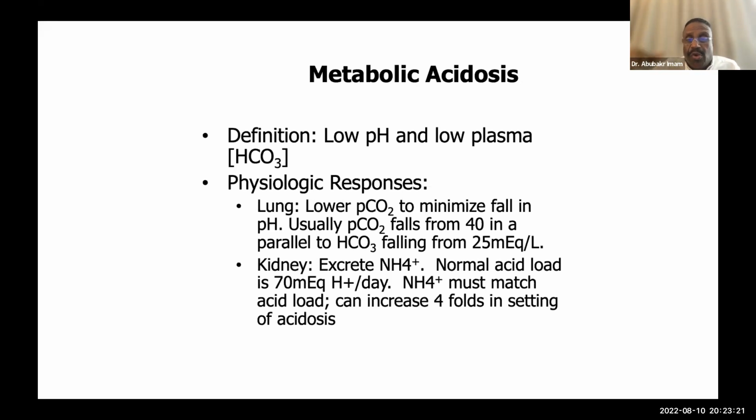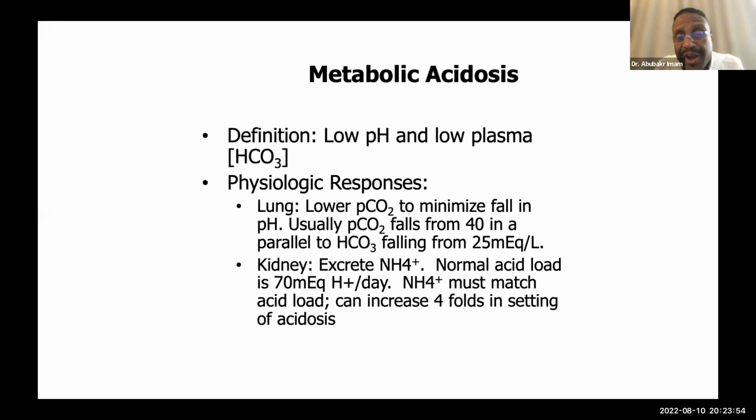So as bicarbonate goes low, PCO2 falls to compensate, washing out CO2, because, as I told you, CO2 plus H2O with the right enzymatic characteristics will result in HCO3 and hydrogen ion.